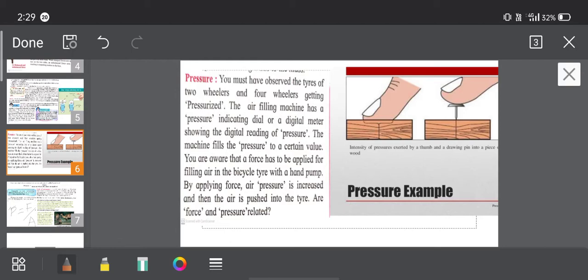So when you apply pressure with a pointed pin, it gets easily immersed in the drawing board or the wooden plank. That means force and pressure are related to each other.